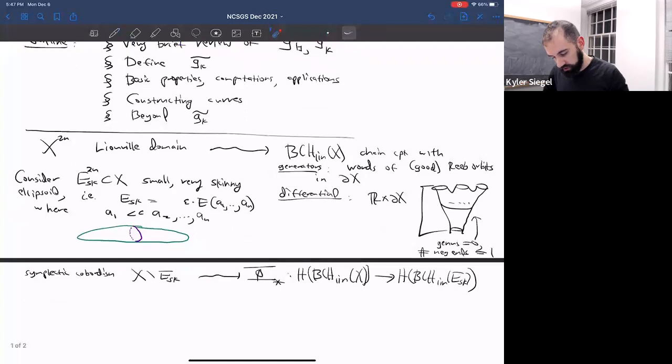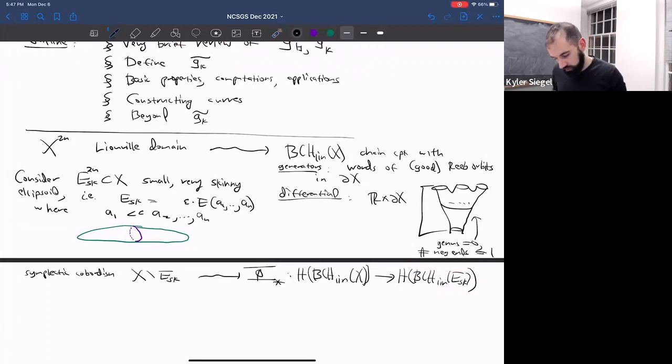And as I was just saying, the skinny ellipsoid effectively just has one Reeb orbit, and then there are the iterates of that orbit. Moreover, you can show, just for degree parity reasons, that the differential on this complex is trivial.